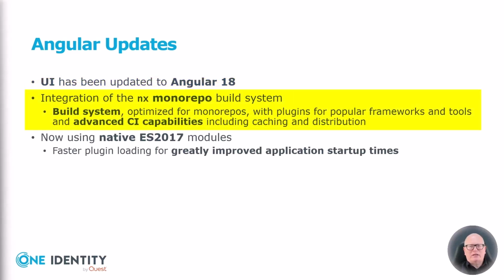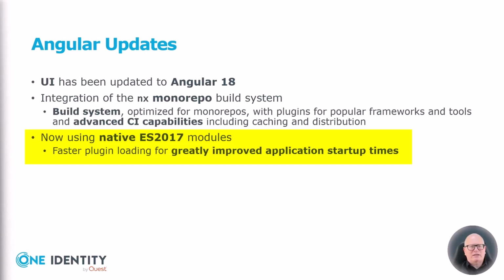We have integrated as well NX Mono Repo. This is a build system that helps to manage the different plugins. And it is, of course, available here. It will give us much more capabilities, includes as well caching and the distribution of the different plugins.